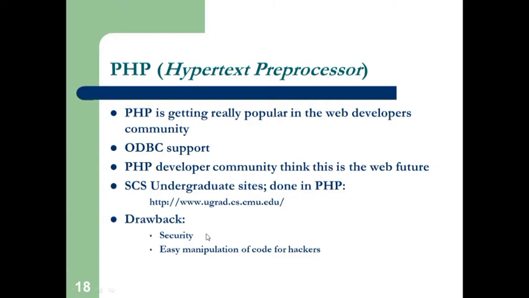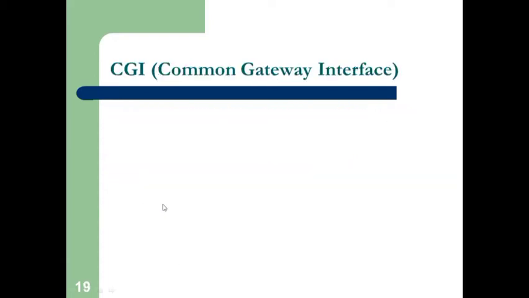You can add that kind of security, but still it is not that secure as compared to the ASP language. Easy manipulation of code for hackers: hackers can easily manipulate the server side code of PHP and can steal your data on the server. These are the two drawbacks of PHP.